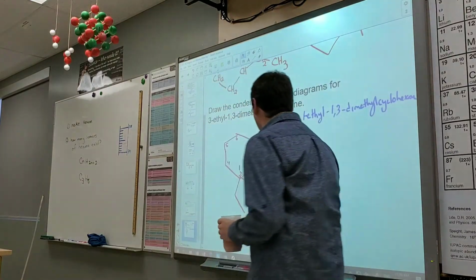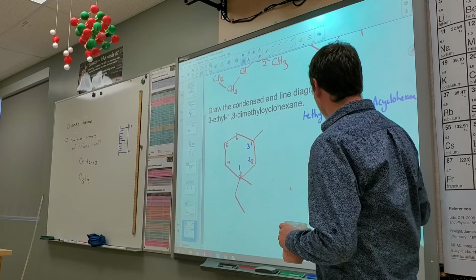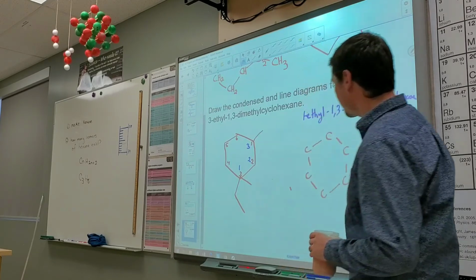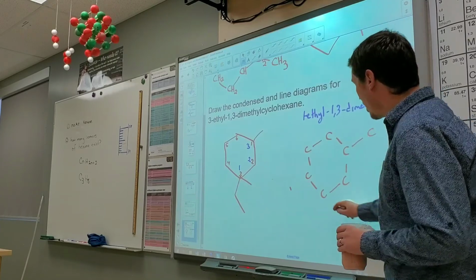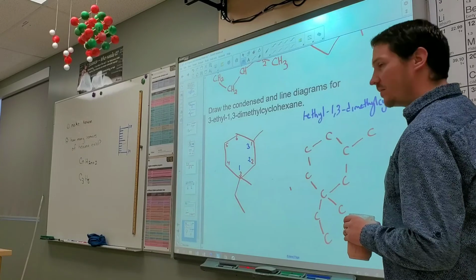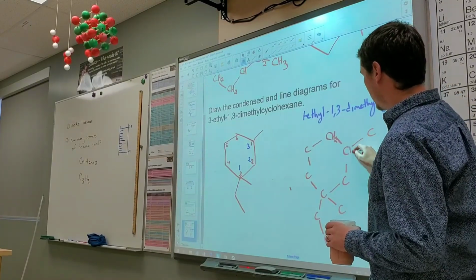Okay, then let's do the condensed diagram. C, C, C, C, C, C, C. And we got 1 carbon, 1 carbon, and 1 ethyl. And then you just fill in the hydrogens, right?